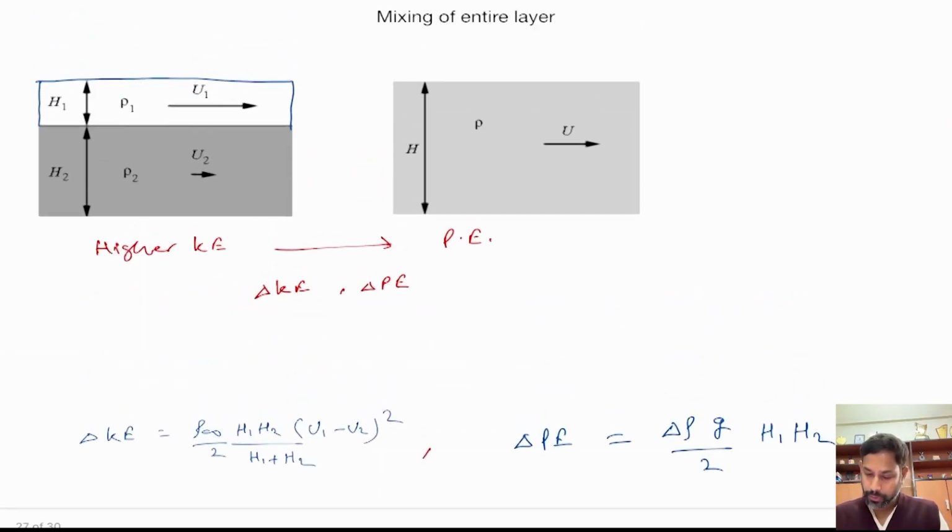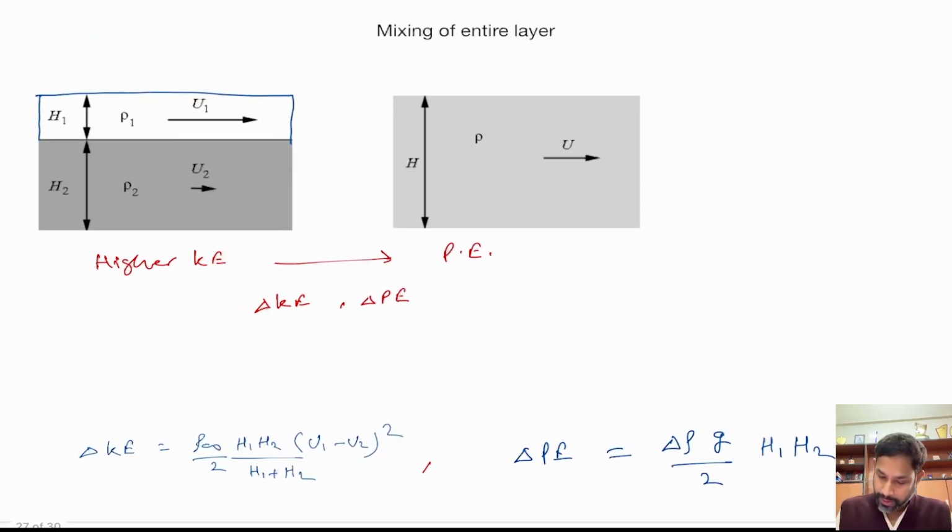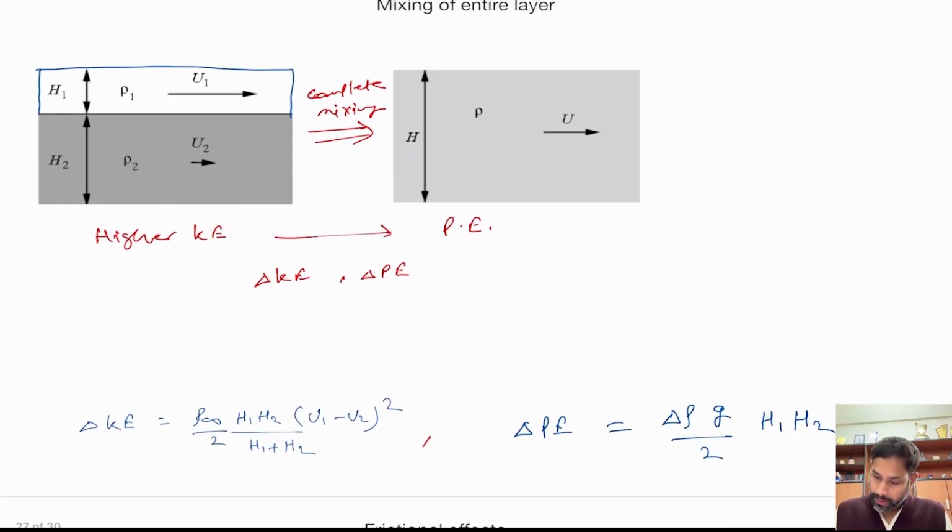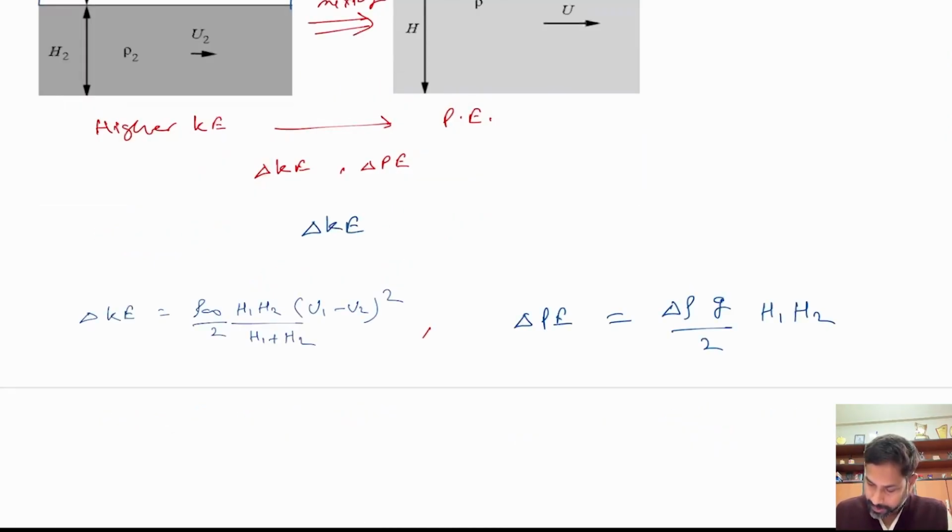So for these two layers to mix completely and go into this completely mixed zone, let's call it complete mixing, your kinetic energy must be greater than the potential energy, then only it will be able to bring mixing of the entire layer, right? So in this case delta KE must be greater than delta PE, then only mixing will occur.